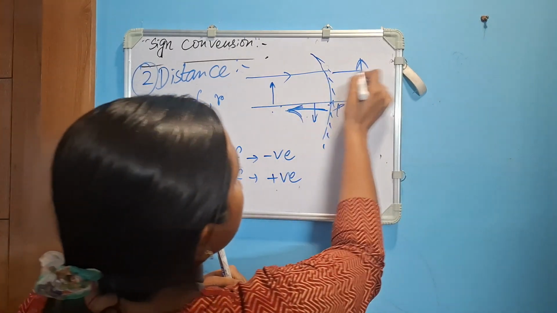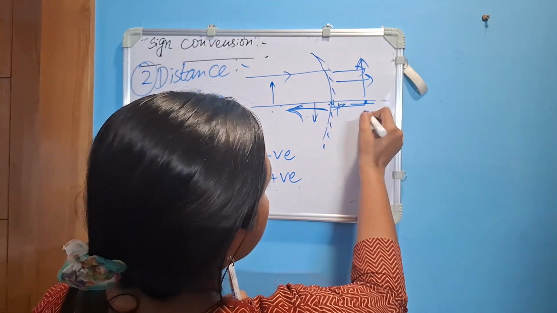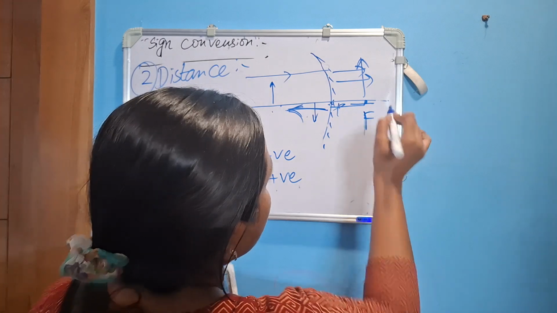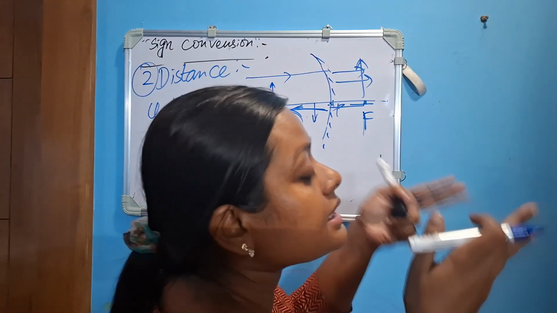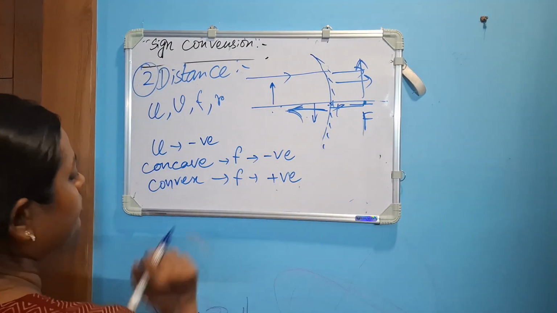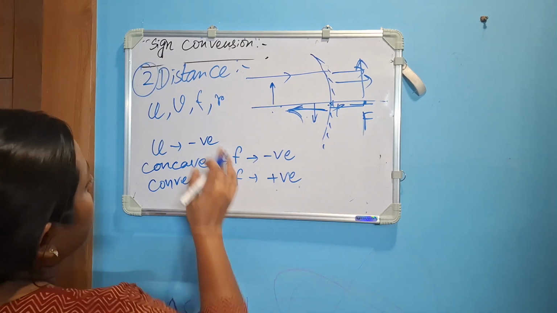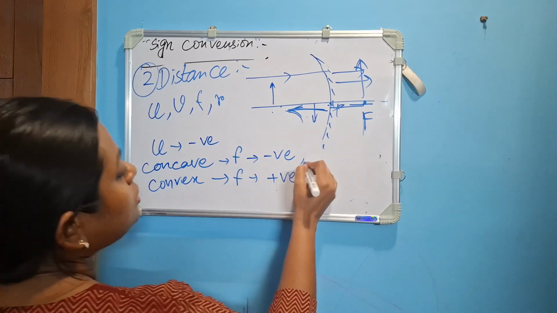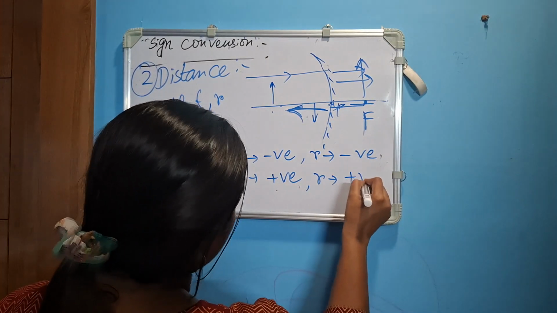Because it is going in the direction of light. From the pole up to this much is the F. So the distance is calculated in the direction of light. So the convex one is positive. Okay, focal length done. Next one, R. R is also negative for the concave one and positive for the convex one.